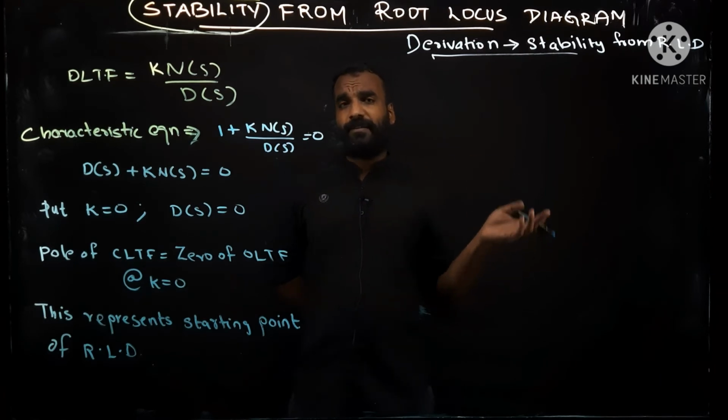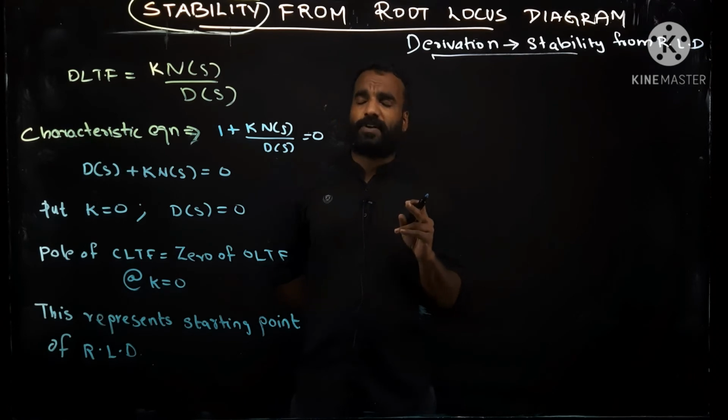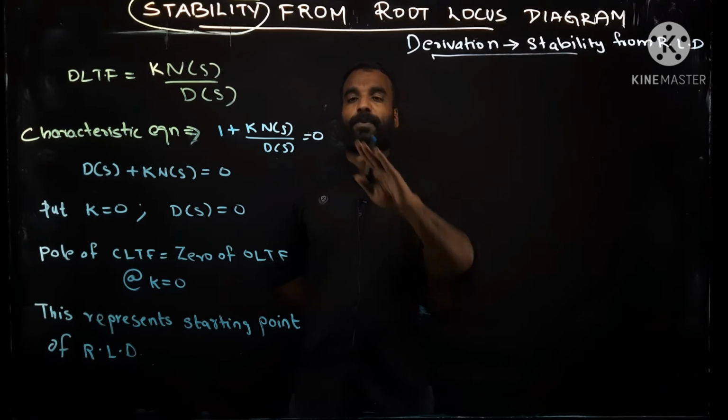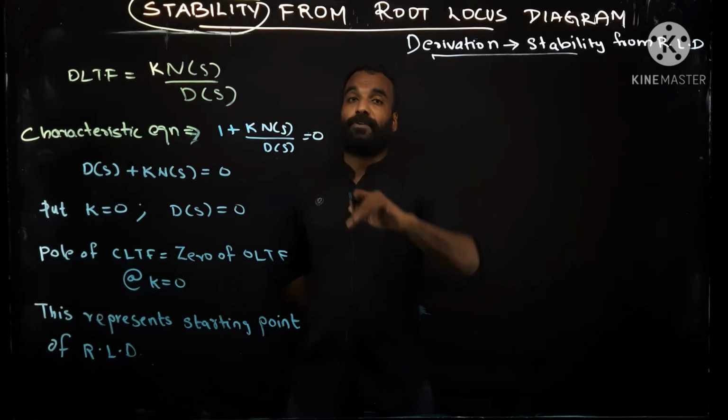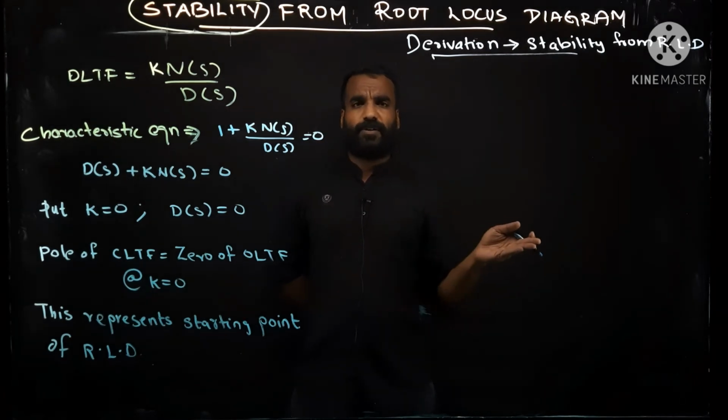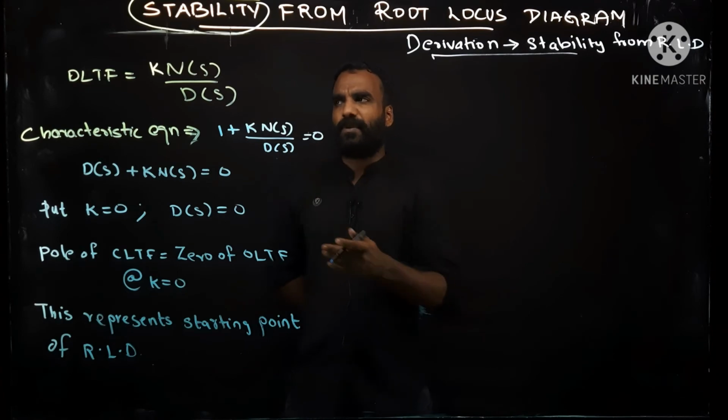On the other hand, 0 of a open loop transfer function is nothing but pole of closed loop transfer function when k is equal to infinity. We already did that with the example. Now it is a simple derivation.